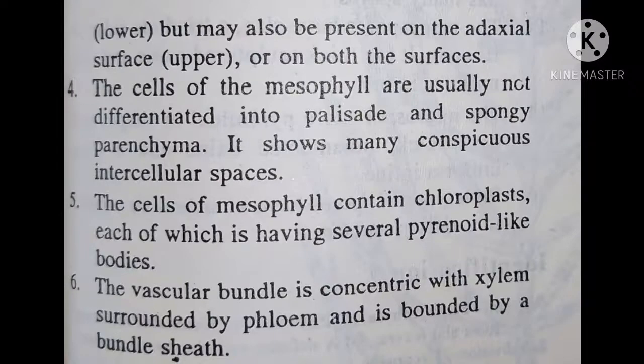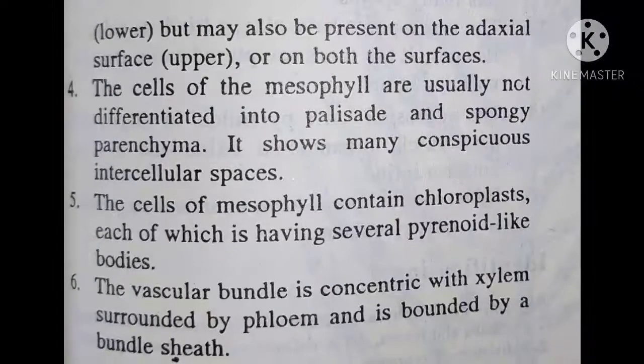The cells of mesophyll are usually not differentiated into palisade and spongy parenchyma. It shows many conspicuous intercellular spaces in between. The mesophyll contains chloroplasts, each having several pyrenoid-like bodies.